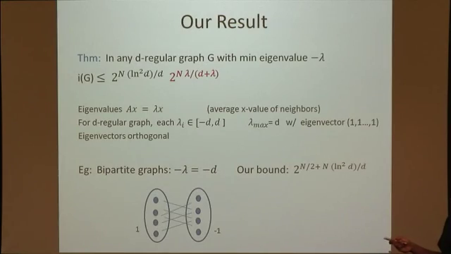Okay, and notice it's not such a bad bound, because if we look at say the setting of a bipartite graph, like any arbitrary bipartite graph, then we know that the smallest eigenvalue is minus d, right, corresponding to this eigenvector. Okay, so lambda is d, so if you plug it in our bound, this will become like 2 to the n over 2, because lambda is d, so this is half.